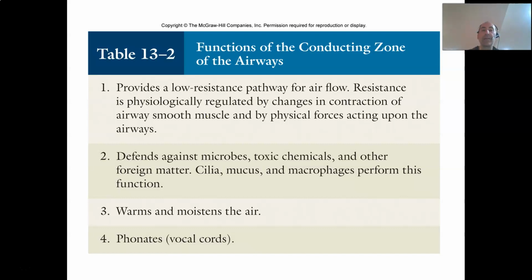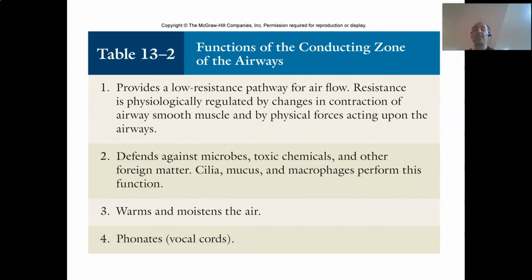Remember that the conducting zone defends against microbes, toxic chemicals, and other foreign matter. There are cilia, there's mucus, there's macrophages. This is part of the innate immune system. The conducting zones warm and moisten air. So do the nasal passages. That's why they're turbinated, right?